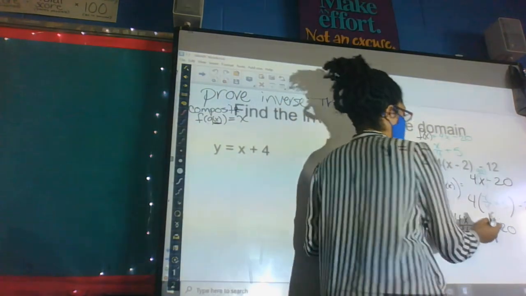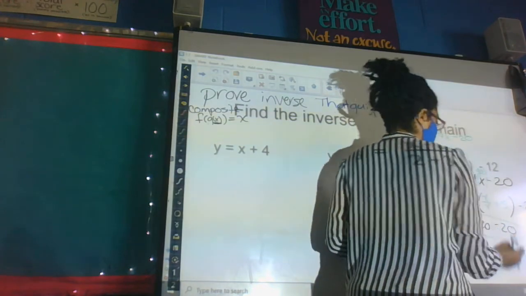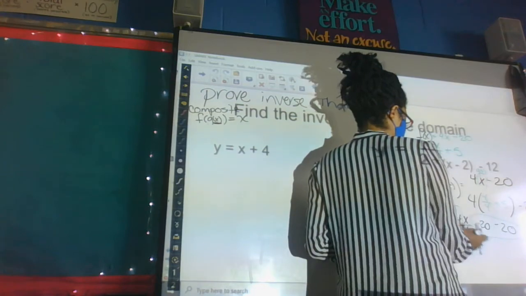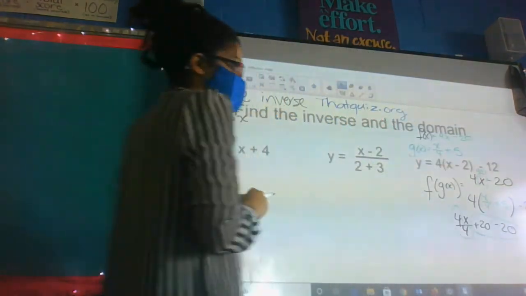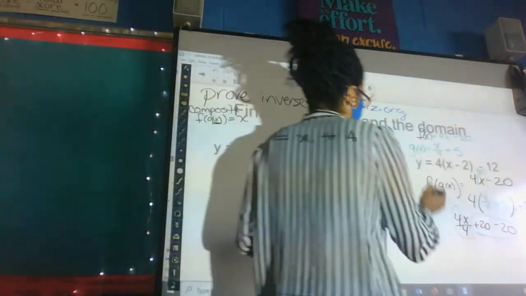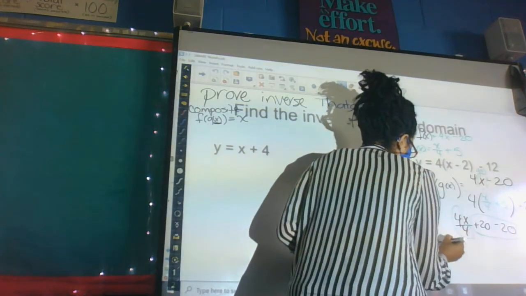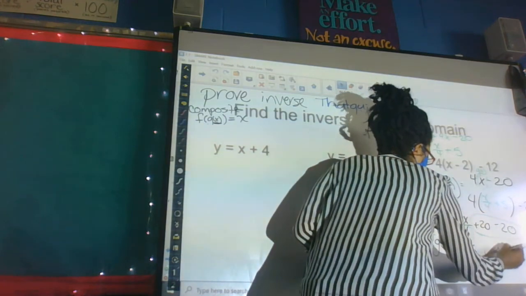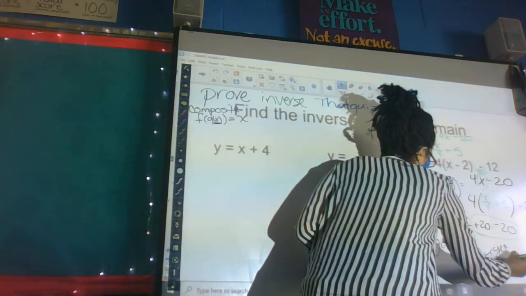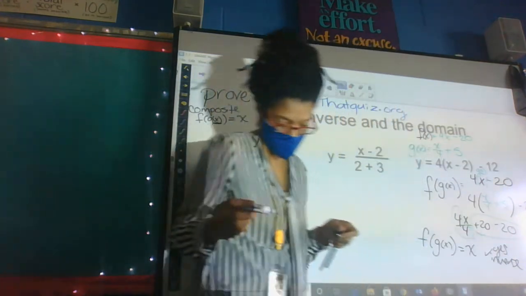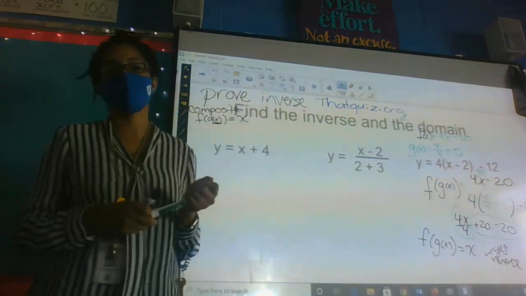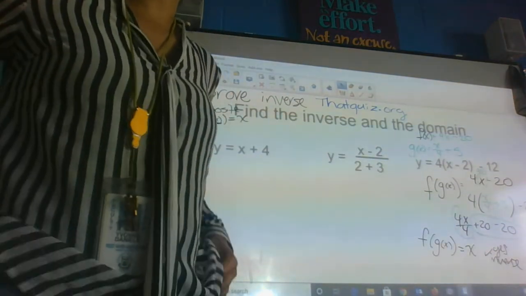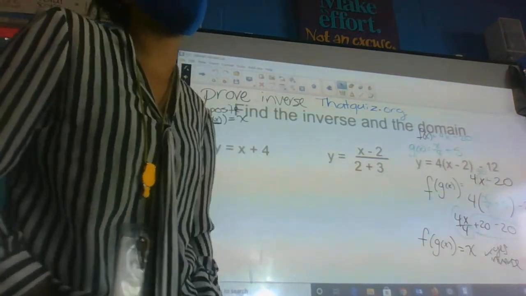If I combine my terms, those will cancel out, identity property. For my division, I can use that identity property again. And so, f of g of x equals x. So yes, we prove that they're inverse. Questions on finding an inverse or proving an inverse?